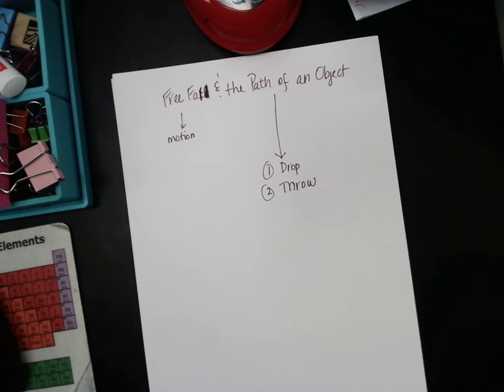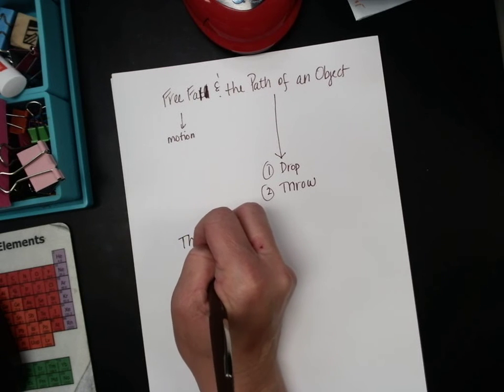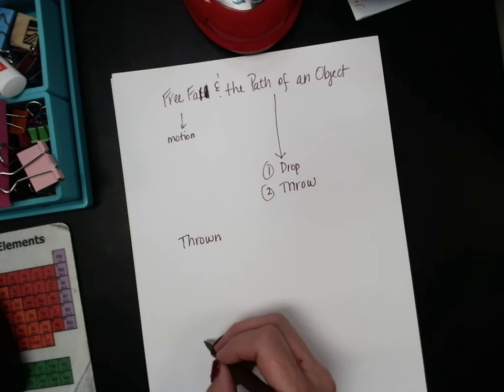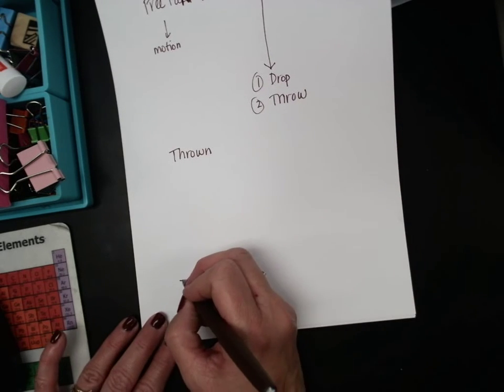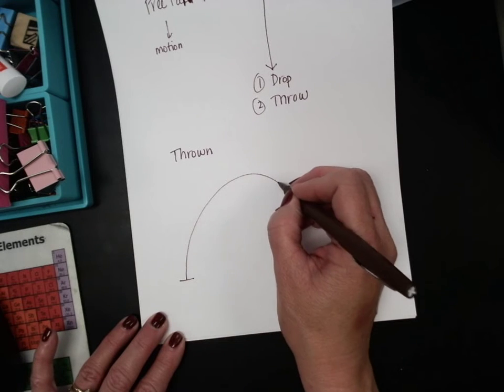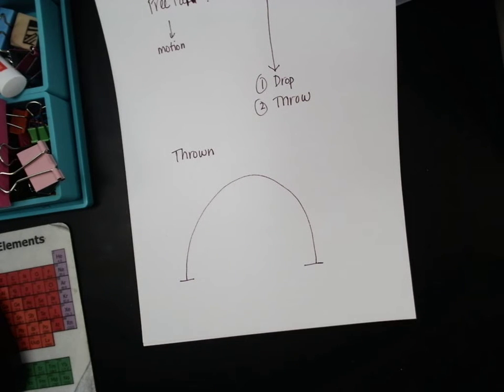In terms of final velocity, you have to pay careful attention to these problems, whether it says the object comes to rest. If it doesn't say that, then we know that we have to find the final velocity as we start the problem. So if something is being thrown, then it's going to follow the path of a trajectory. It's going to start, move through the air, and return.